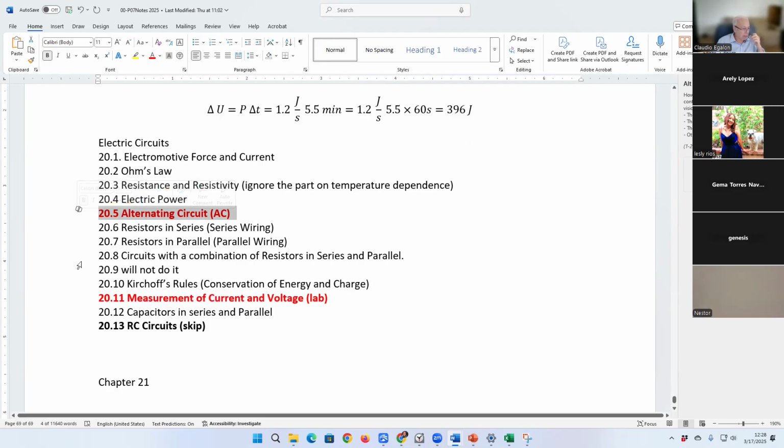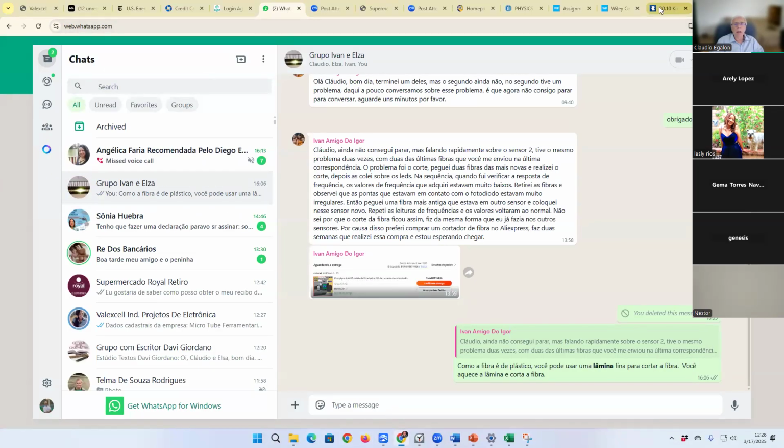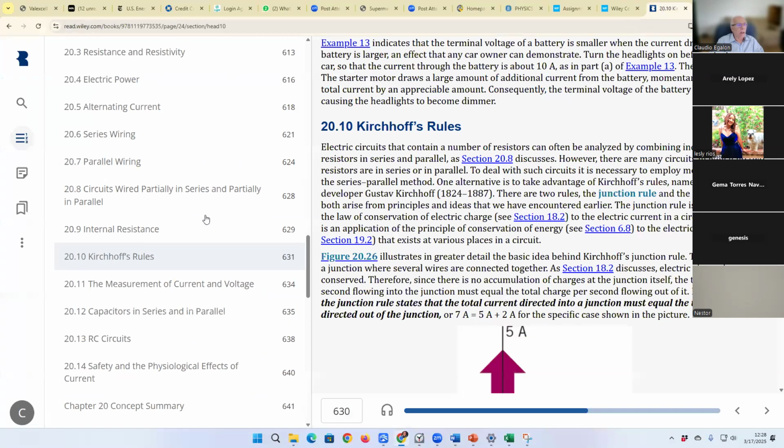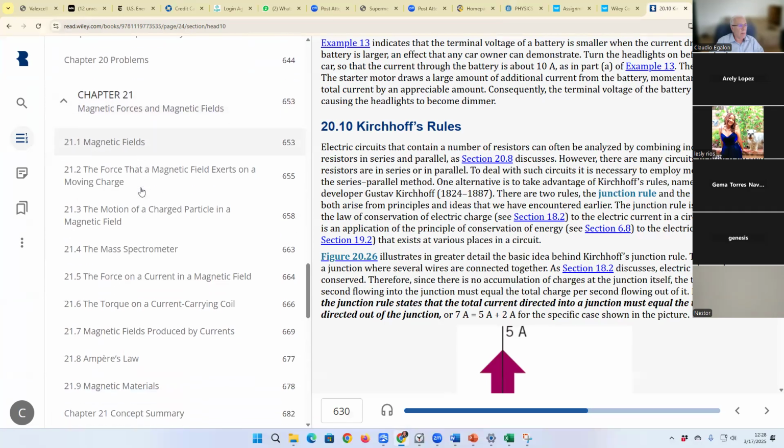There'll be a chapter on AC circuits further down the line, and it will be more appropriate to go back to this one at that time. What's chapter 21? Let's take a look at our book. Chapter 21, right in here.